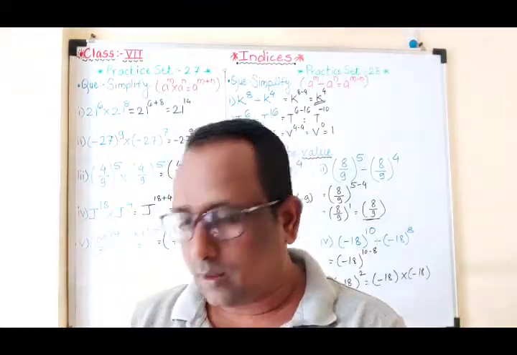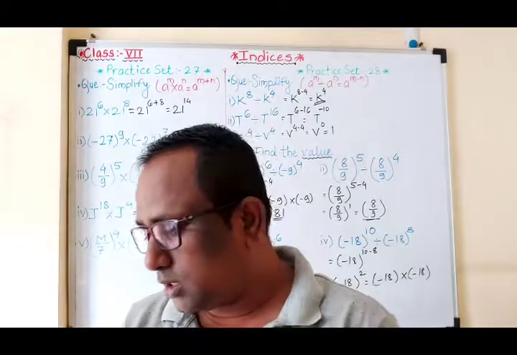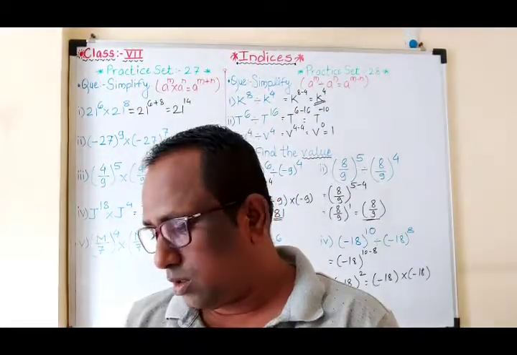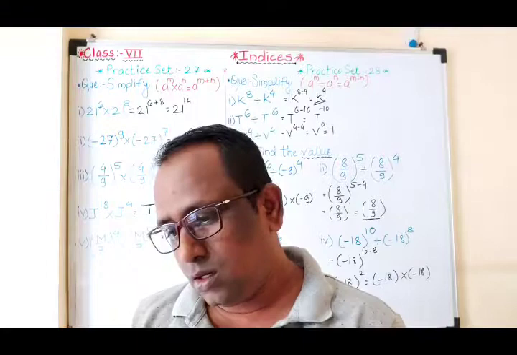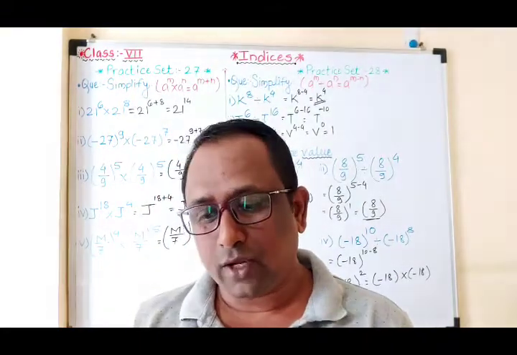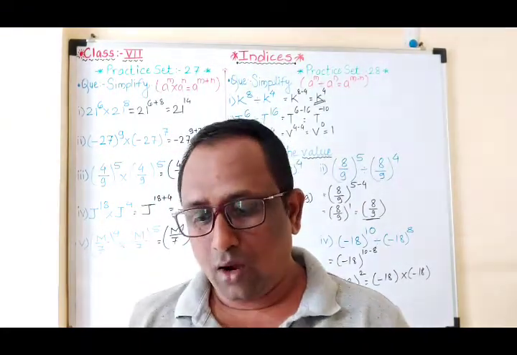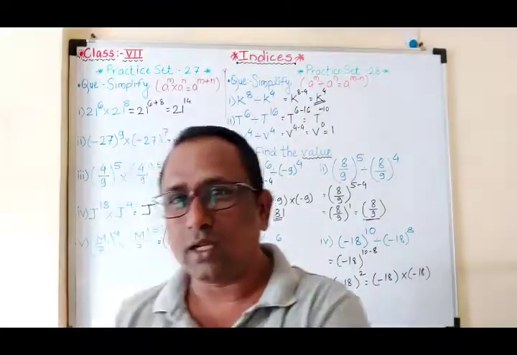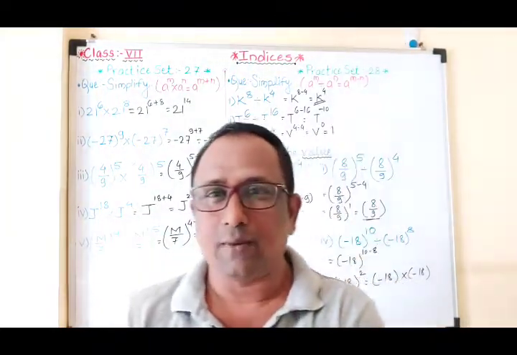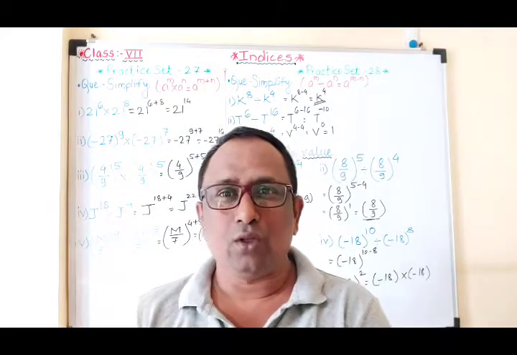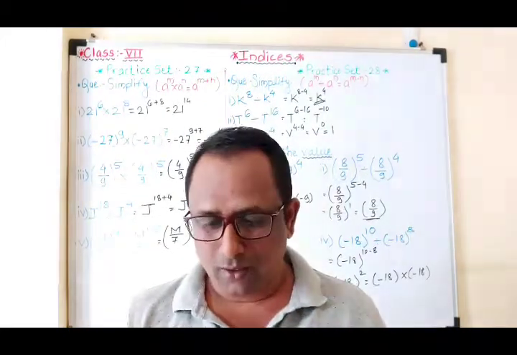For the first term exam, our syllabus is from the first chapter up to joint bar graph, okay, chapters 1 to 7. Now after these two practice sets of this index chapter and one practice set of joint bar graph, that joint bar graph is very simple, okay.